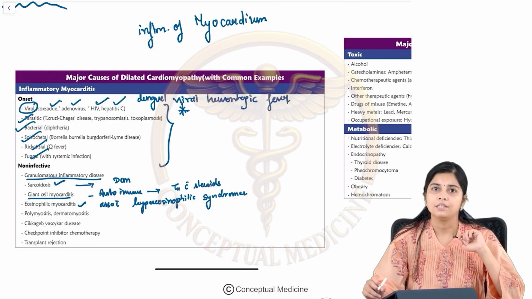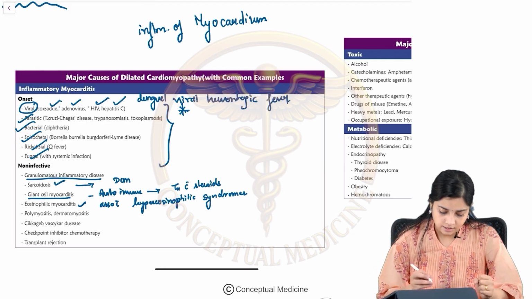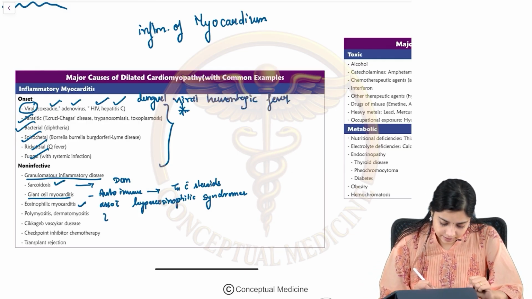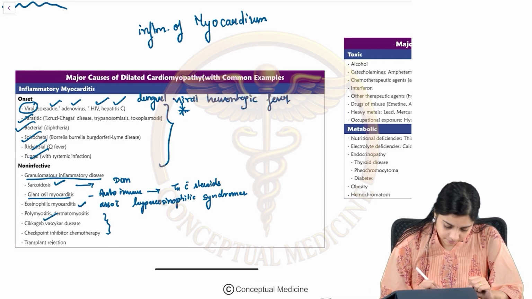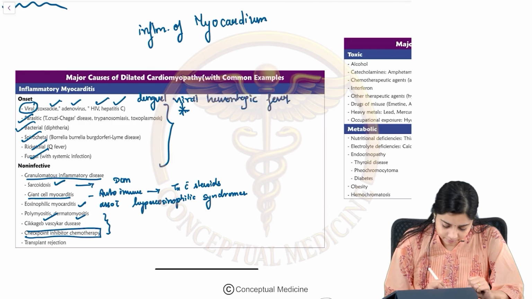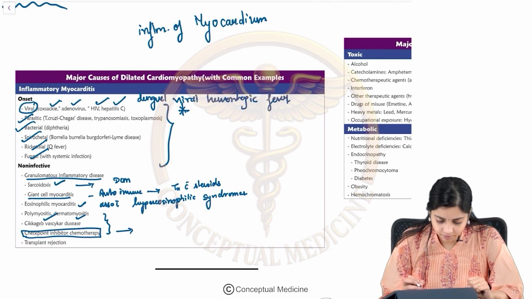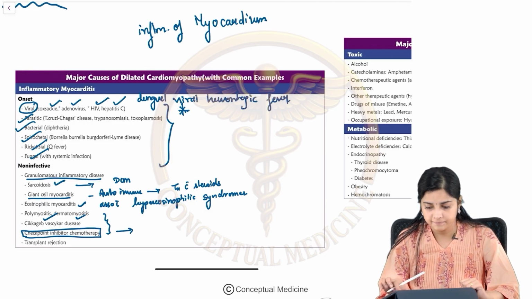So this is your eosinophilic myocarditis. Apart from this, the other connective tissue disorders can include polymyositis, dermatomyositis and an important therapy related is your checkpoint inhibitor related therapy.